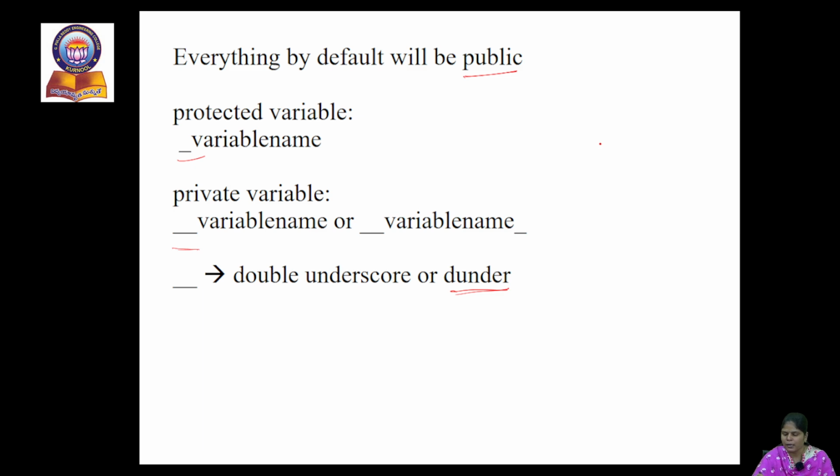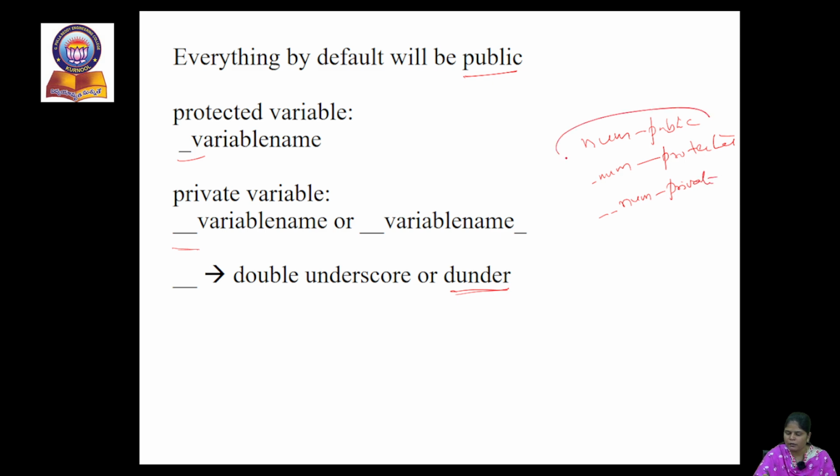So public is normal. If I take a variable like num, now this is a public variable. If I take the same variable as underscore num, now this is protected. If I take double underscore num, it will be private.